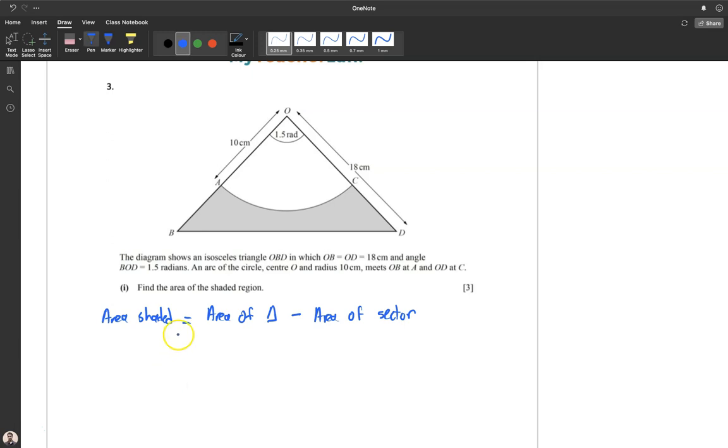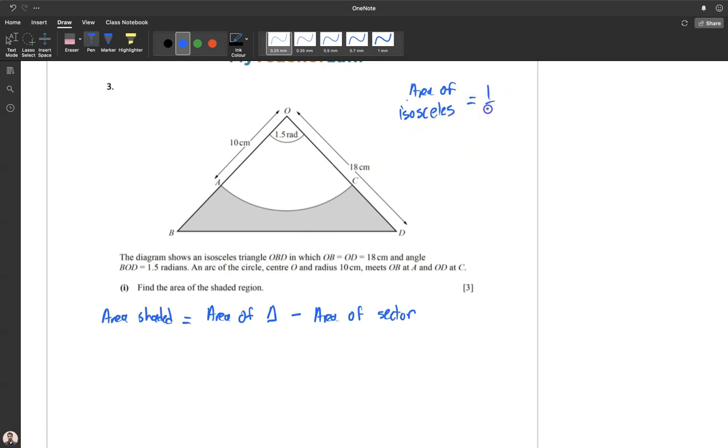All right, so there is a new formula that I would like to introduce, which is the area of an isosceles triangle.